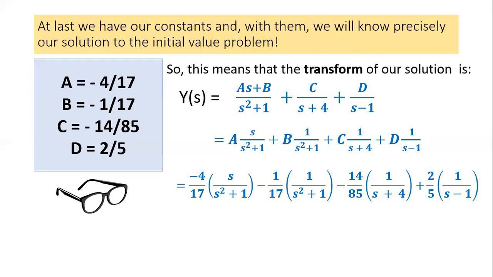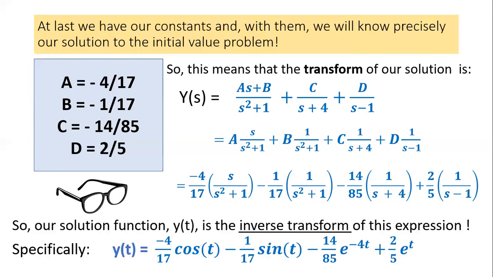So by using linearity, we now have our full solution to the initial value problem. Taking the inverse transform of those 4 pieces, we're going to get negative 4/17 times the cosine of t, minus 1/17 times the sine of t, minus 14/85 times e to the minus 4t, plus 2/5 times e to the t.